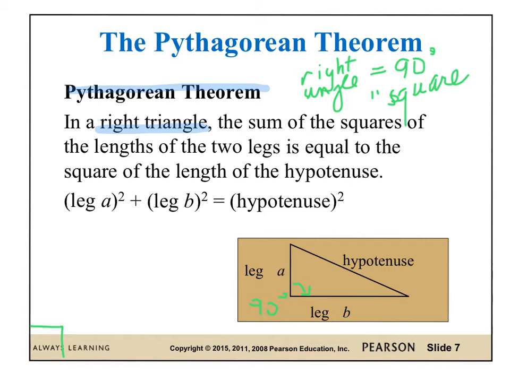The other information you need to pay attention to about this problem is that we also have something called legs. And the legs are not the same as the hypotenuse. The reason that they're different is because the hypotenuse is always the longest side.